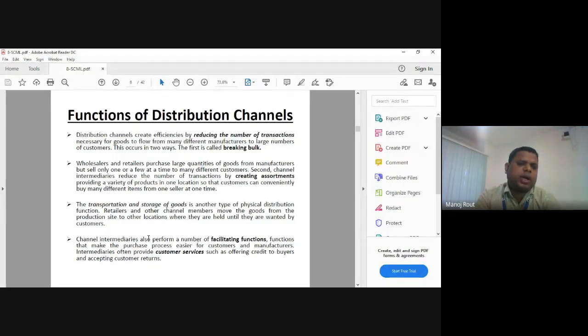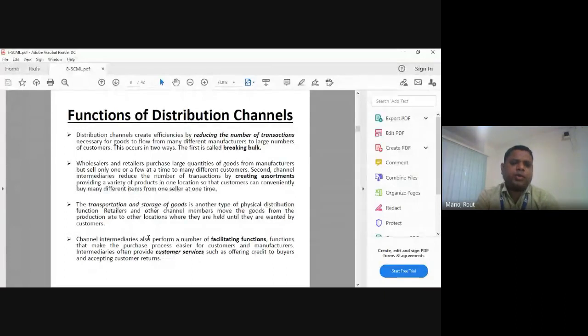The next is that the wholesaler and retailer purchase large quantities of goods from the manufacturer, but sell only one or a few at a time to many different customers. The second is that the intermediary reduces the number of transactions by creating assortment, providing a variety of products in one location, so that customers can conveniently buy many different items from one seller at one time. From the wholesaler or retailer point of view, they provide large quantities of goods from different manufacturers.